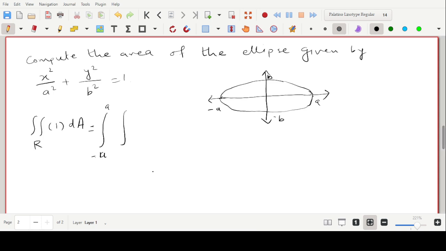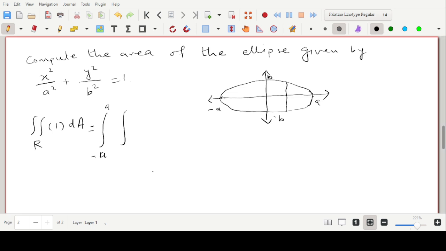And what does y vary between? For every x, y varies from this point to this point. It is bound between these 2 points.